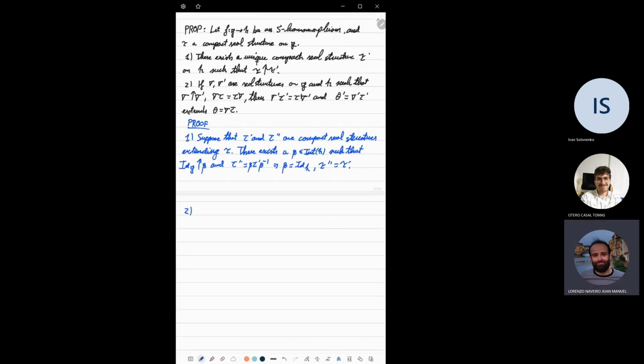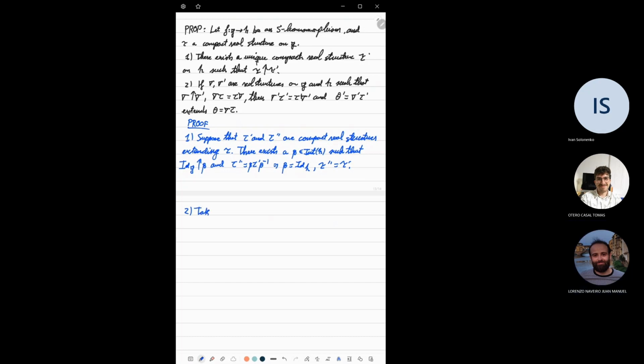And for the second assertion, the idea is more or less the same. So in this case, suppose that sigma prime and tau prime do not necessarily commute. Let's construct a conjugate of sigma prime that does commute with tau prime, and let's prove that in reality this conjugate is already equal to sigma prime. And we did it in the following way.